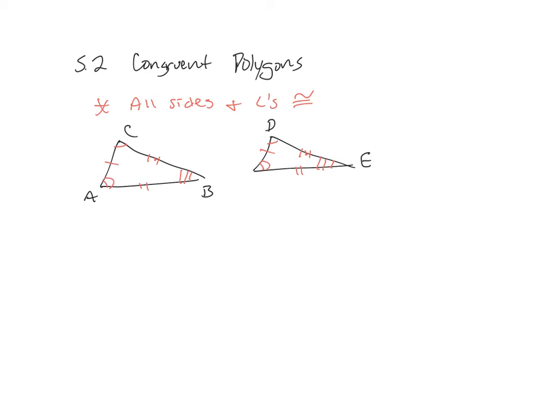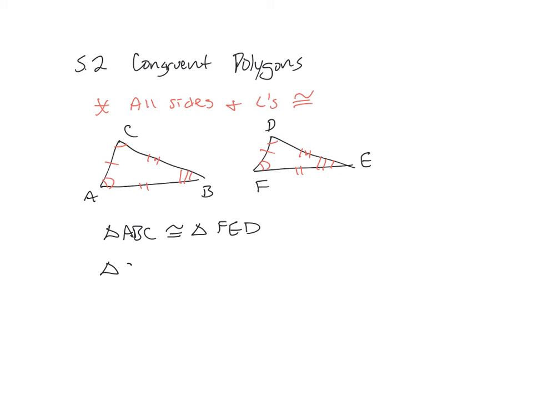ABC and DEF, that if I said triangle ABC is congruent, I have to follow the right order. So F goes with A, E goes with B, and D goes with C. So it doesn't have to start alphabetical.